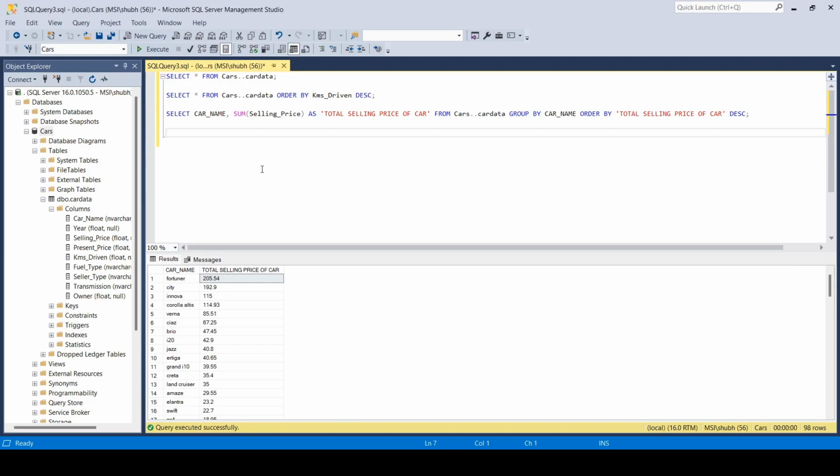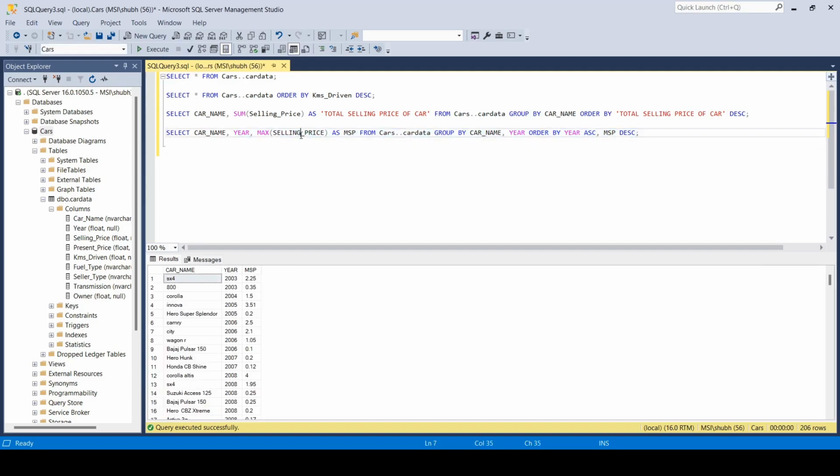Let's explore more. So here I have used car name and maximum of selling price.